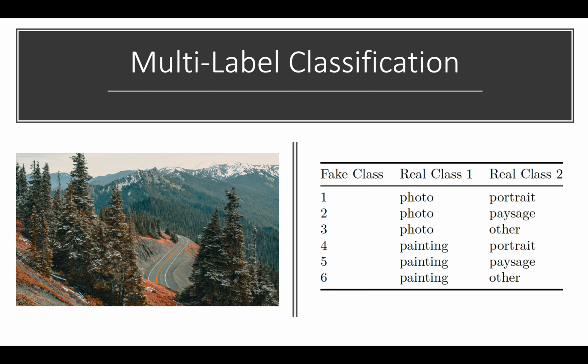Algorithms that can naturally be made multi-class can be applied to multi-label classification, like decision trees, logistic regression, and neural networks, because they return the score for each class. That's why we can define the threshold and then assign multiple labels to one feature vector if the score is above some value.